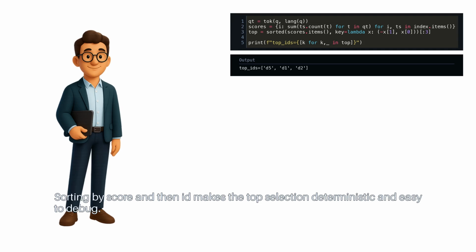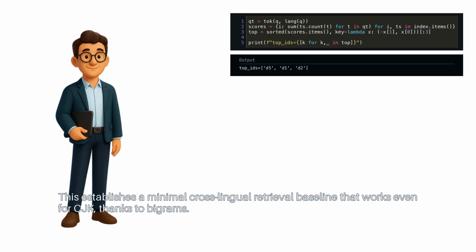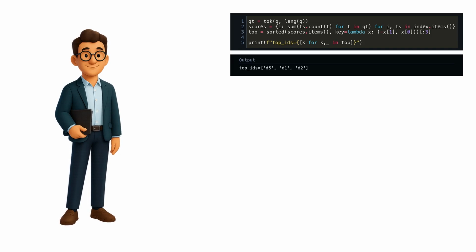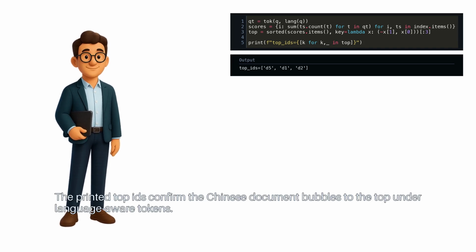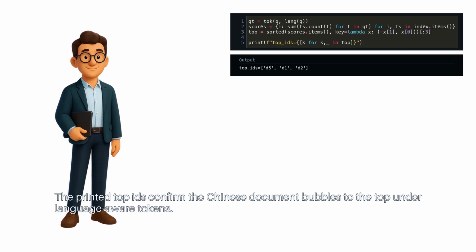Sorting by score and then ID makes the top selection deterministic and easy to debug. This establishes a minimal cross-lingual retrieval baseline that works even for CJK, thanks to bigrams. The printed top IDs confirm the Chinese document bubbles to the top under language-aware tokens.